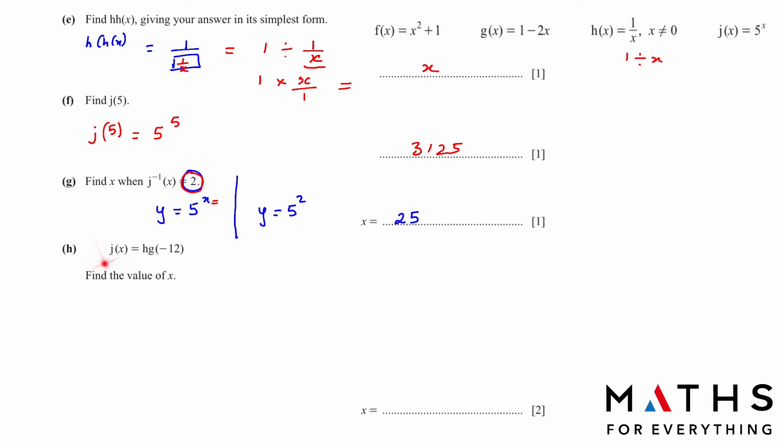Next, g of x is equal to h of g of negative 12. So first let's find h of g of negative 12. Start with h. What is our h? It is 1 over x. In place of this x, we are going to substitute g of x, which is 1 minus 2x.